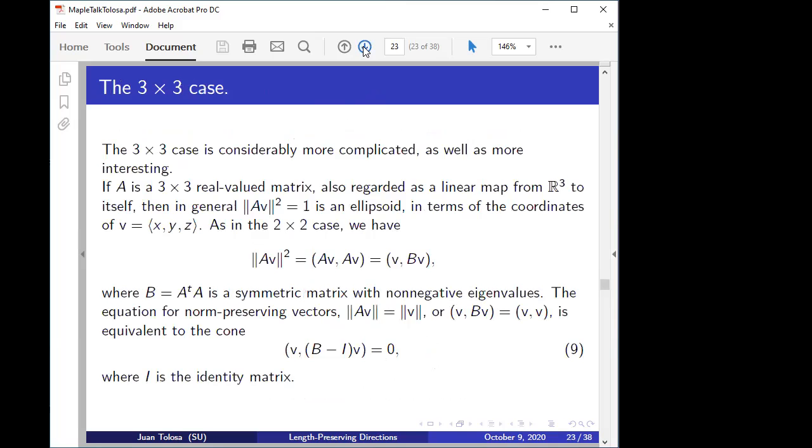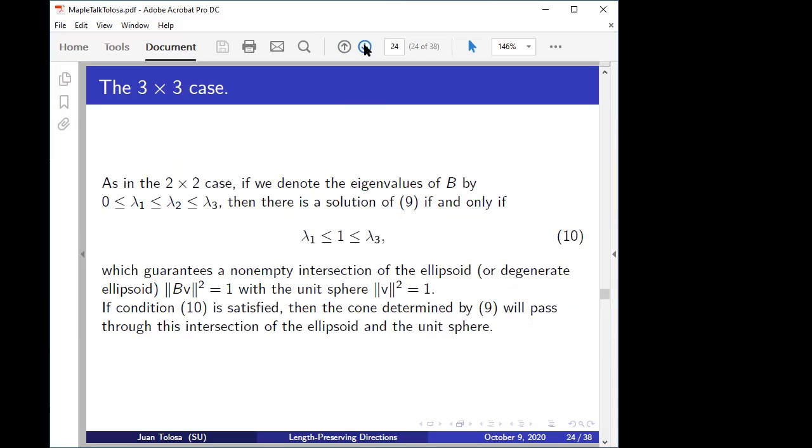You can set up the same equations, assuming that A now is a 3 by 3 matrix. You get the square of the norm of B is a quadratic form generated by the matrix B, which again is symmetric, is A transpose A. You get the same equation, but only now for a vector V having 3 components, X, Y, and Z. Geometrically, you get the same condition.